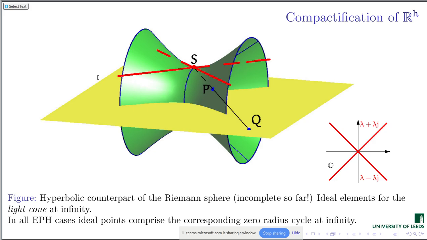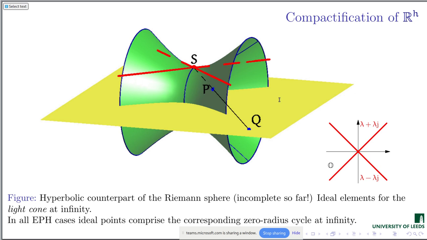So here the red lines, which are parallel to the yellow plane, do not have corresponding polar projections, and so they are new ideal objects added to our plane. So compactification requires a shape like that.